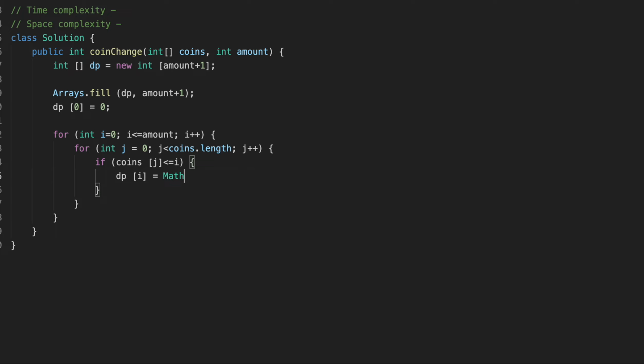So we are taking the minimum of dp[i], the amount that we have at that moment, which by default in the example of 11 is 12, or dp[i] minus the value of our coin, coins[j], and since we are using that coin, we are adding 1.